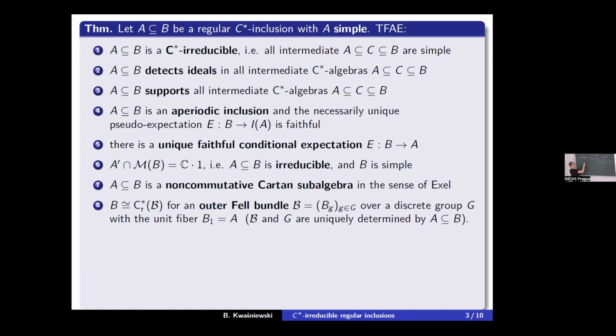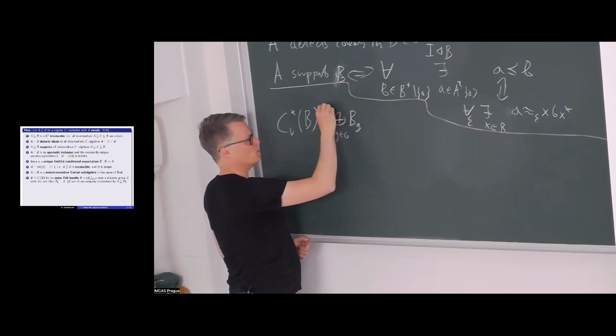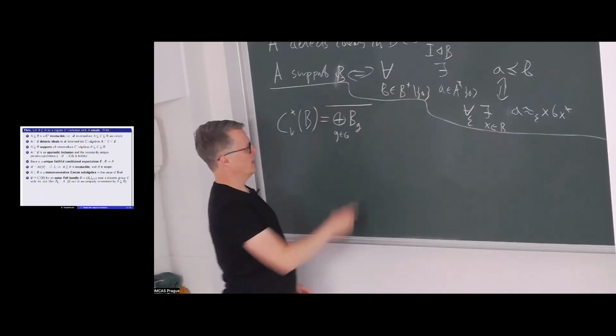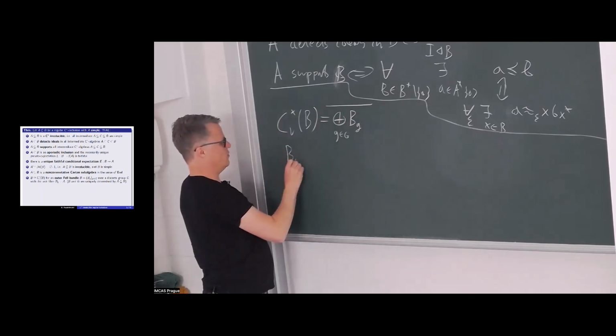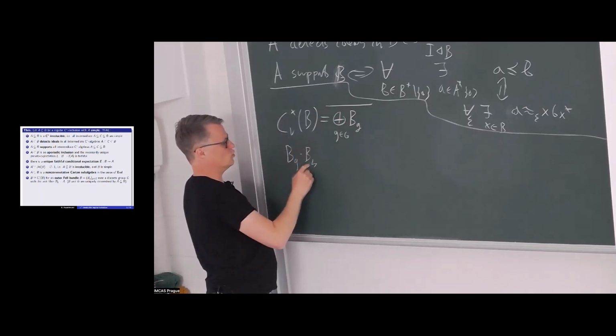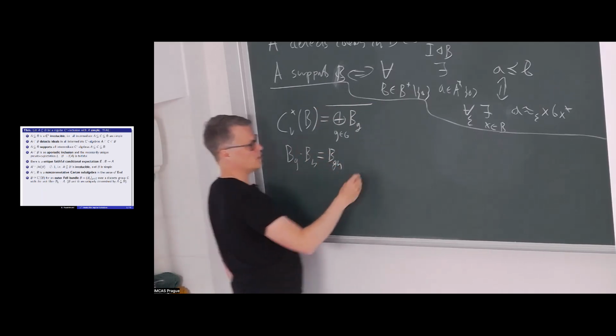This algebra is just a G-graded algebra. This means that we have a direct sum of closed Banach spaces which are indexed by elements of the group. And this is the G-grading. This means that whenever you multiply two spaces, you get the space corresponding to GH.